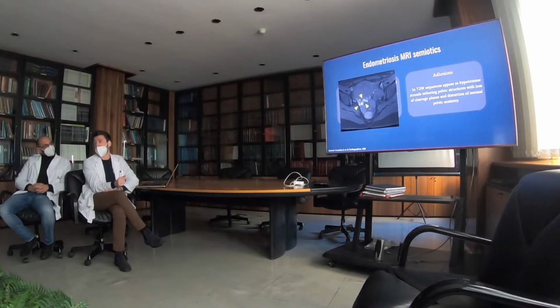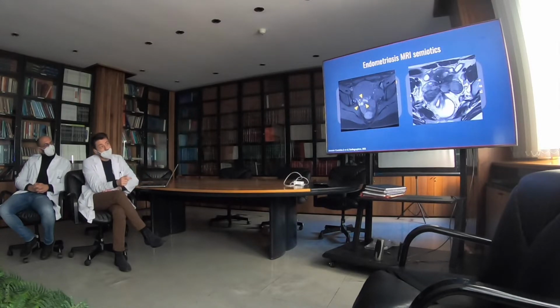Meanwhile, the adhesions are visible in T2 sequence as hypointense strands that tether the pelvic structures and cause an abnormality of the normal pelvic anatomy. And here we can see a case of adhesion between the anterior wall of the rectum and the uterus, indicated by the white arrow, and a medial dislocation of the two ovaries.